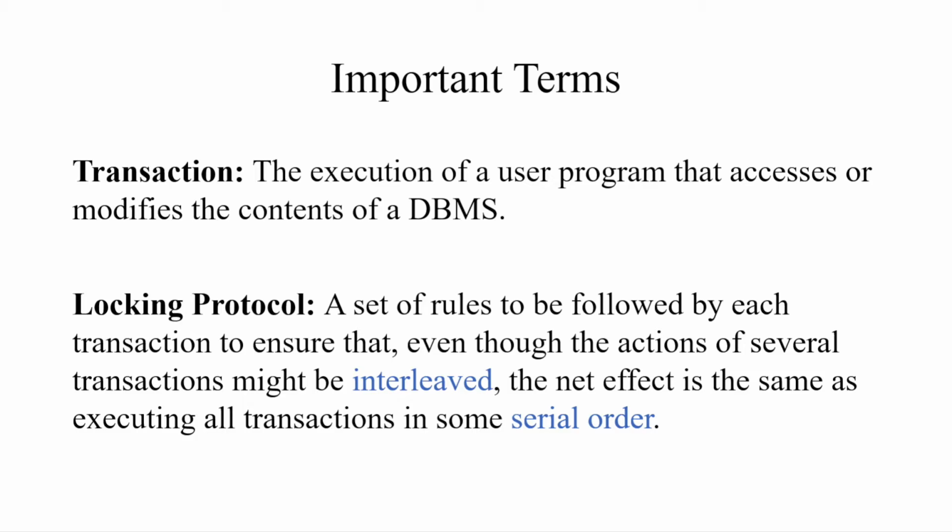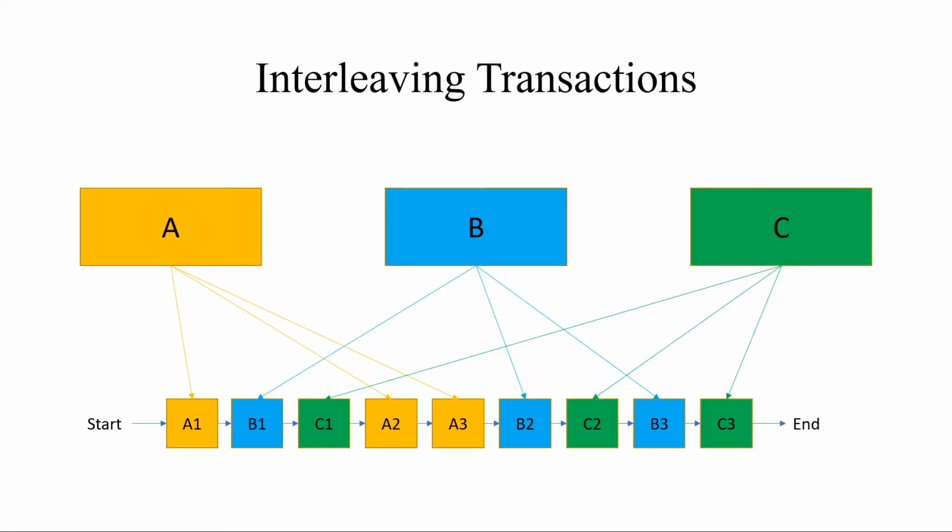A locking protocol is a set of rules to be followed by each transaction to ensure that even though the actions of several transactions might be interleaved, the net effect is the same as executing all transactions in some serial order. If you don't know what interleaving is, take a look at this example.